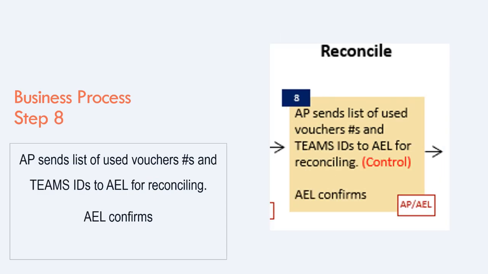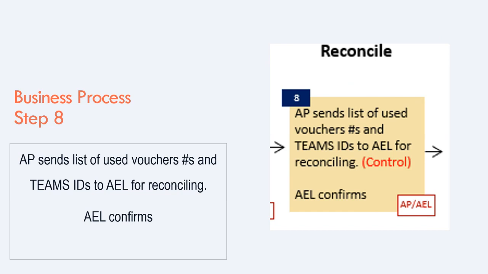We will be reviewing those vouchers as we're getting them from GED, going into Teams and actually making sure that the participant that GED says that voucher number is attached to is actually being tracked in Teams. So that's another part in terms of the reconciliation piece.